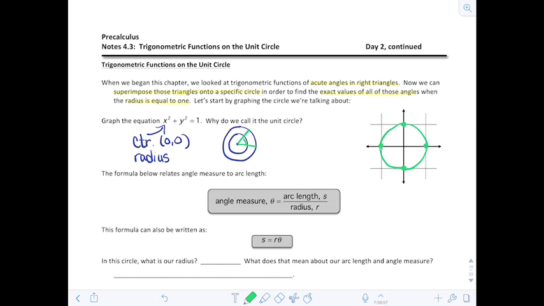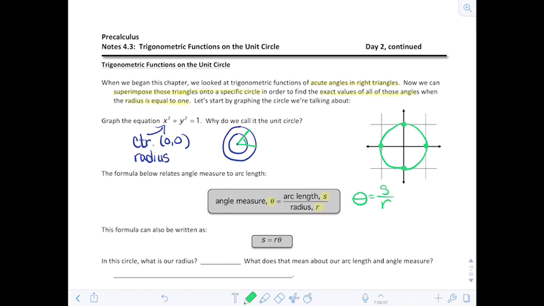So the formula below relates angle measure to arc length, and we talked about this a little bit in 4.2 as well. So the angle measure we know, which we call theta, is a ratio of the arc length s to the radius r. So what we learned was that theta was equal to s over r. And we also learned that theta, the whole way around the circle, is equal to 2 pi.